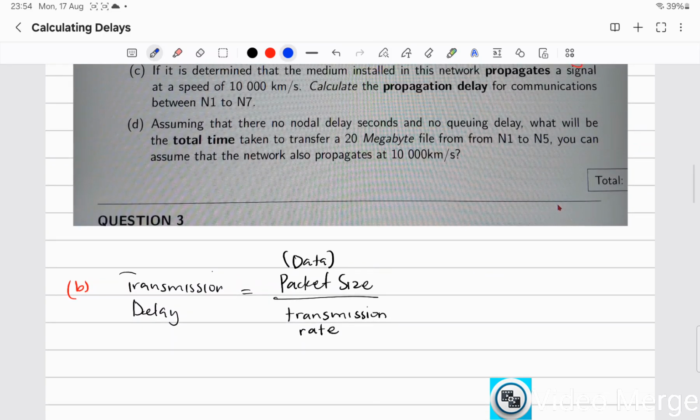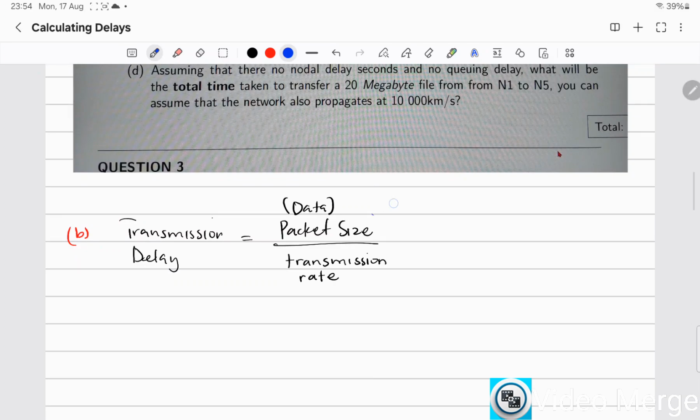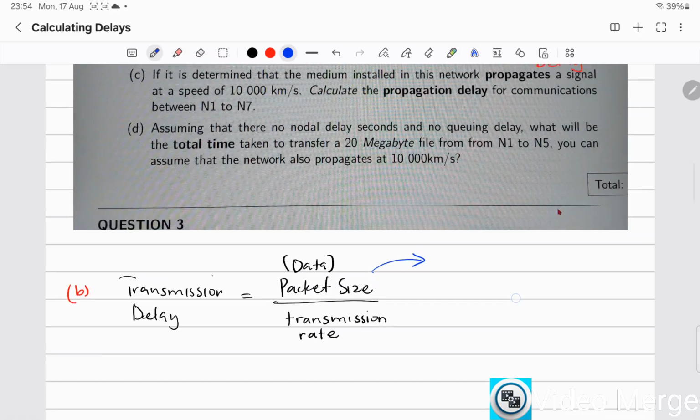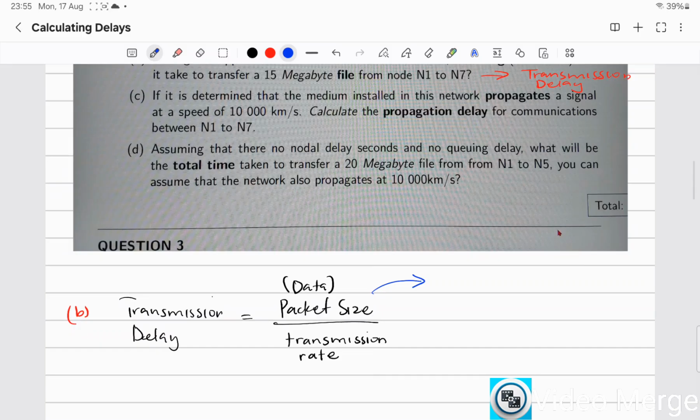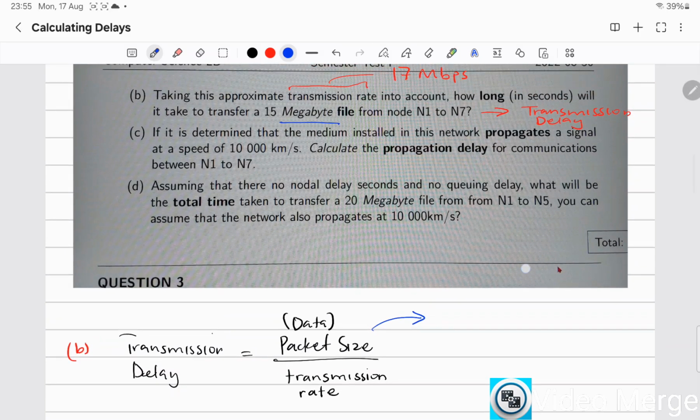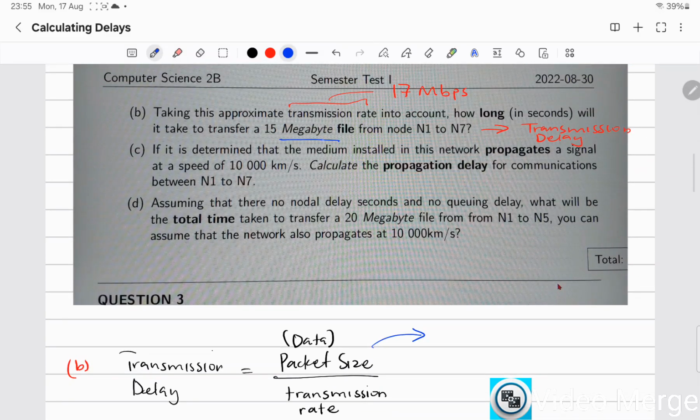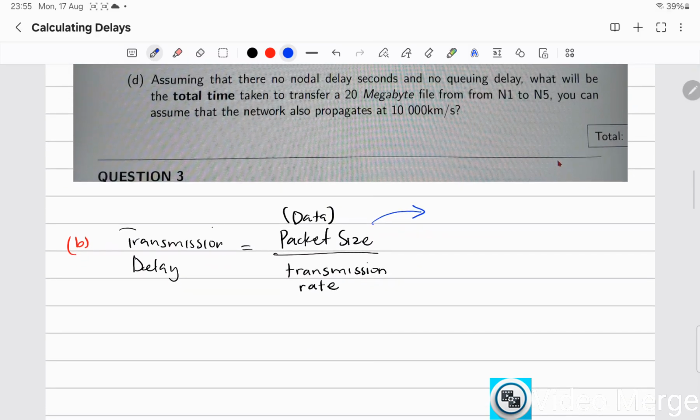But one thing that we need to know when it comes to the data or the packet size is that whenever we are dealing with these calculations, wherever you see megabyte, we need to convert it into megabits, right? For example, you need to know that each 1 byte is equal to 8 bits.